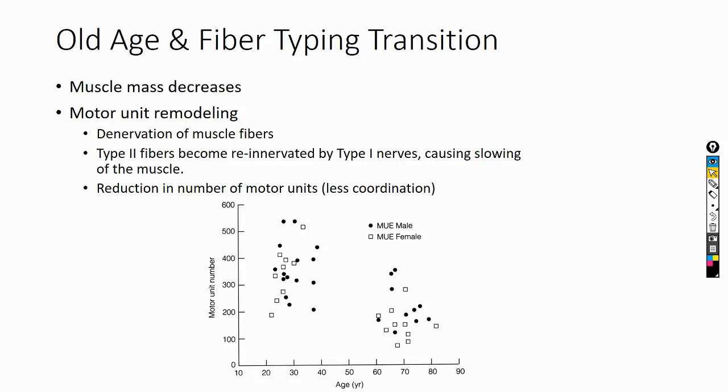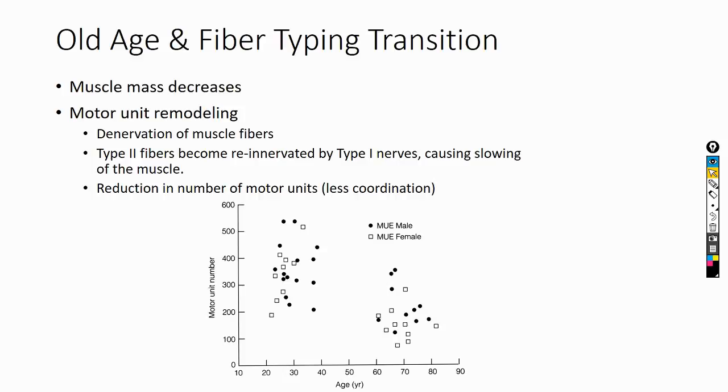Now, there is something that does occur, and that is the denervation, or the changing, or the reduction in the number of motor neurons interfacing with muscle fibers. So what you see is kind of a restructuring of the nervous to muscle system.